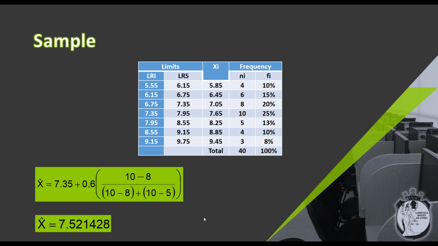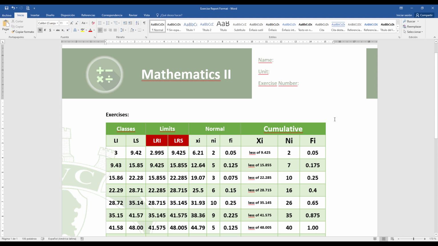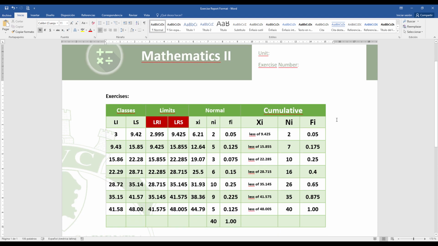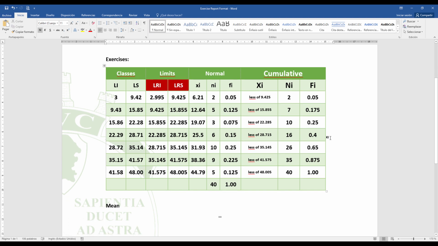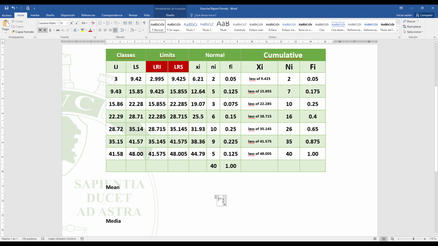Maybe it looks a little hard, but now we will calculate again the mean, the median, and the mode for our table. Okay, now we are with our sample that we did. How do we calculate the mean?